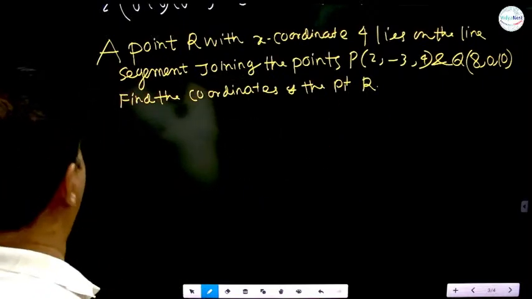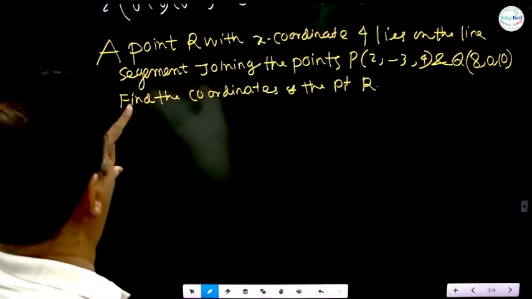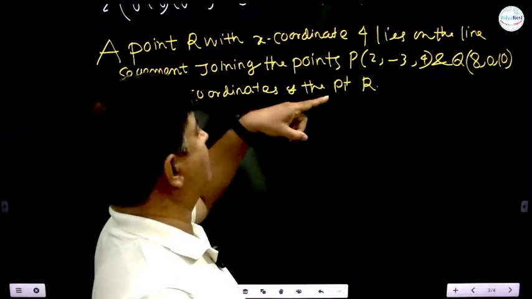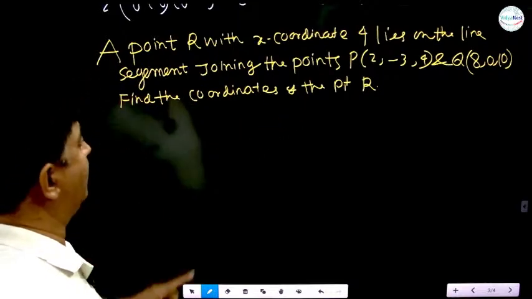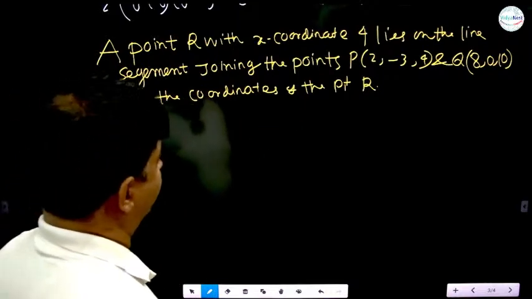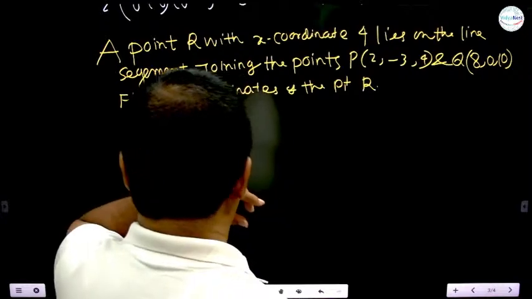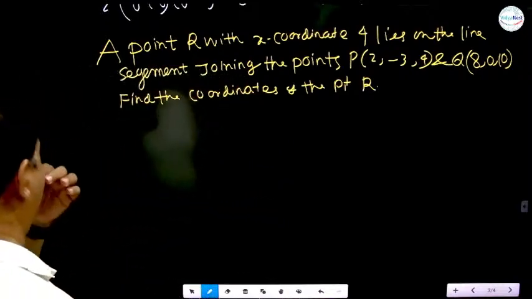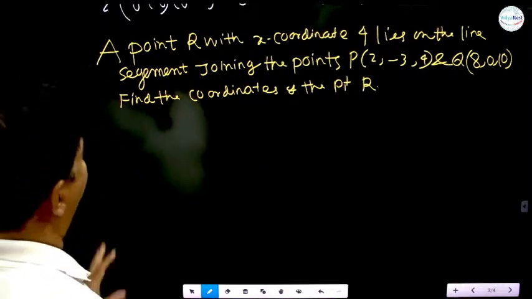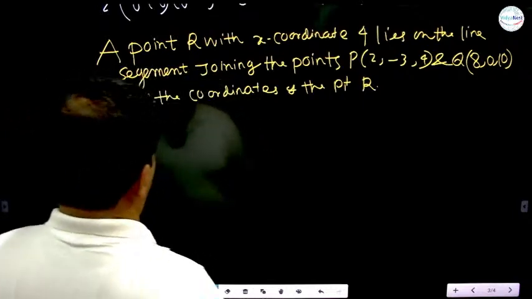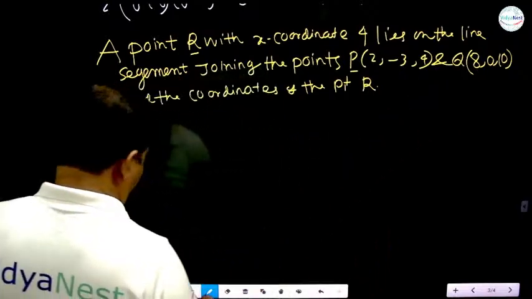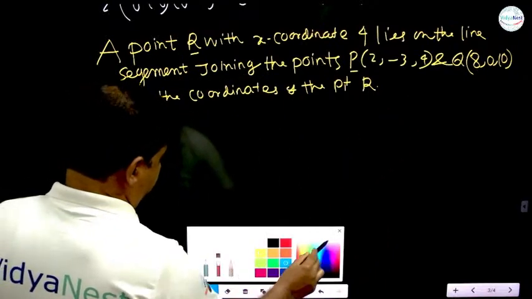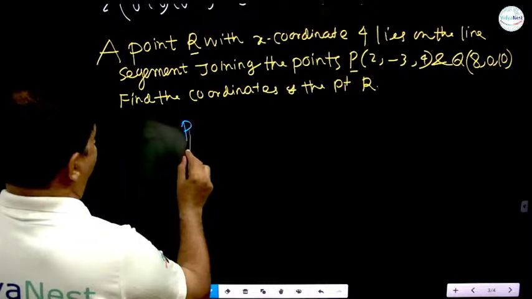A point R with x coordinate 4 lies on the line segment joining the points P and Q. Find the coordinates of R. We don't know in what ratio R divides PQ.